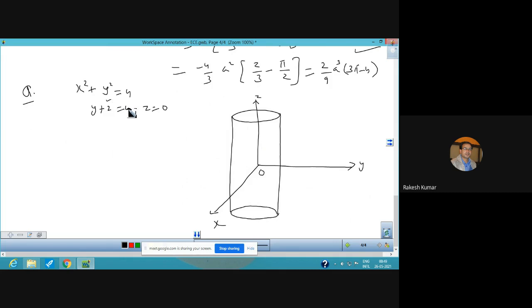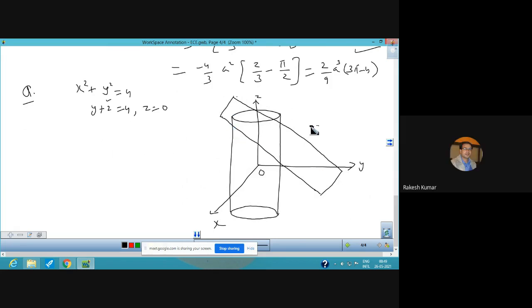So this is actually a YZ plane. So we have to plot a plane which is cutting this cylinder. So the plane is like this. Try to plot a neat figure as you can.